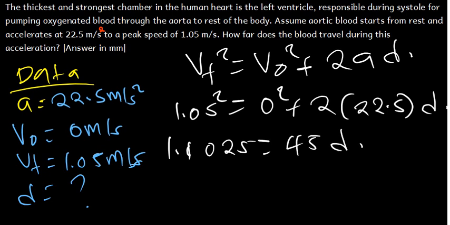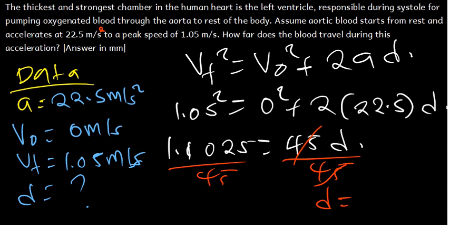Our goal is to find the displacement. We divide both sides by 45, so these cancel. We'll have d equal to 1.1025 divided by 45. This is going to be 0.0245.